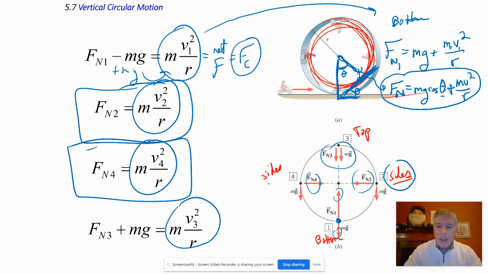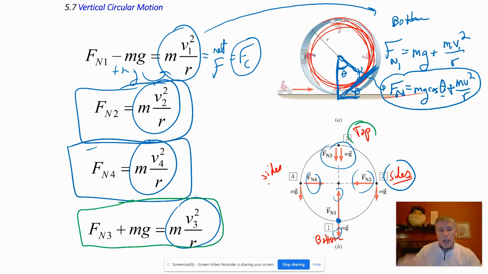So at the top up here, notice that both the normal force and the weight are acting in the same direction. So if I were to bring this over, the normal force would equal minus mg plus mv squared over r.